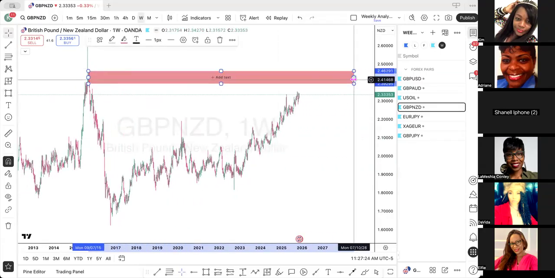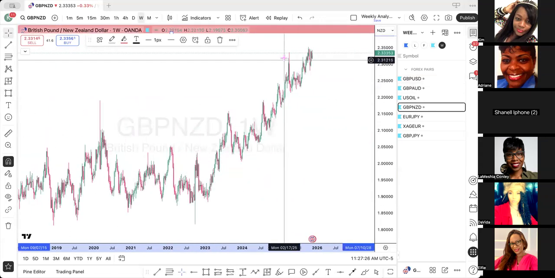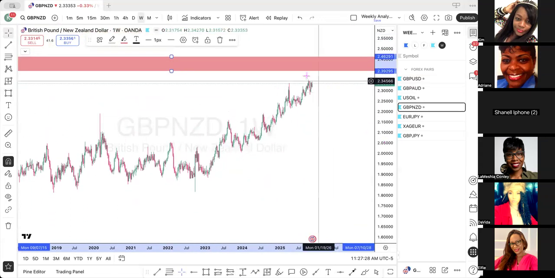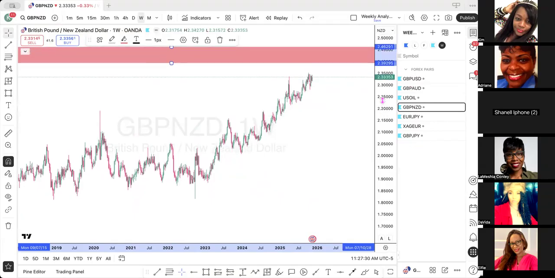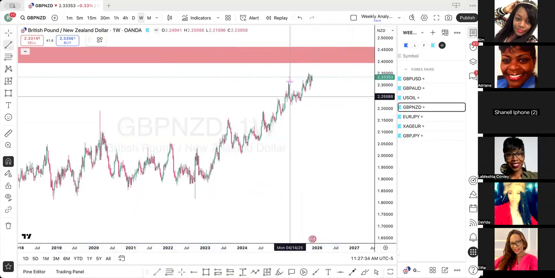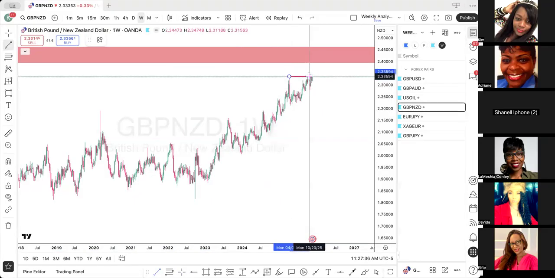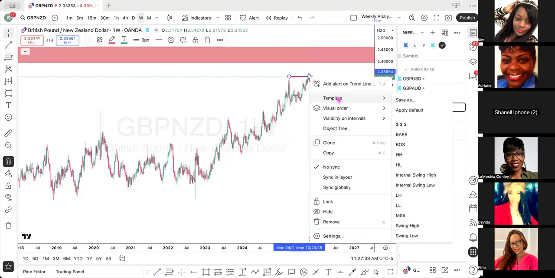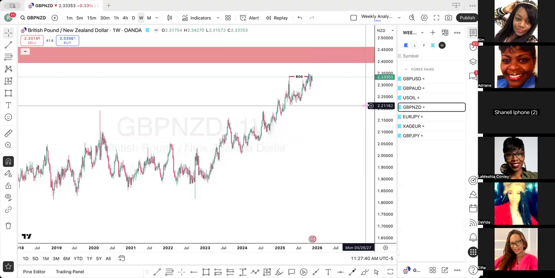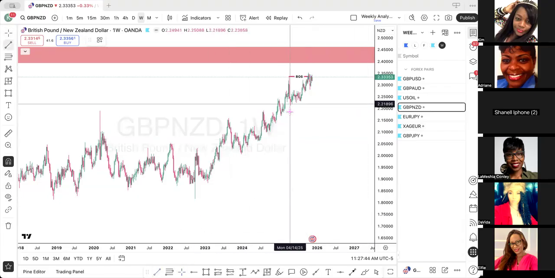Weekly supply zone. So we are getting close. So if I look at the current structure, this is our swing high here. Price has broken structure of that zone. And this is my swing low.